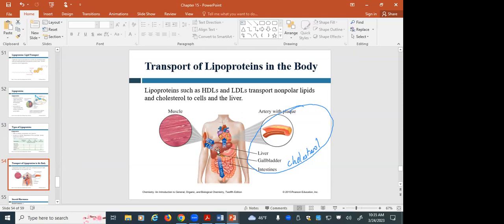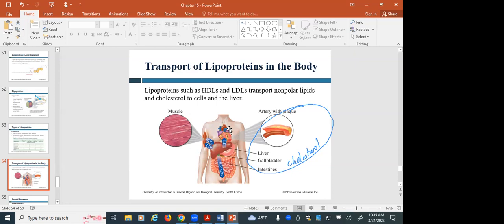From your liver, it can get processed out in bile salts, which make their way out through your waste systems. LDL transports from your liver to the rest of your body, and if it gets into your bloodstream, that excess cholesterol in your bloodstream can cause plaque in your arteries, can cause other kinds of issues if there's too much.